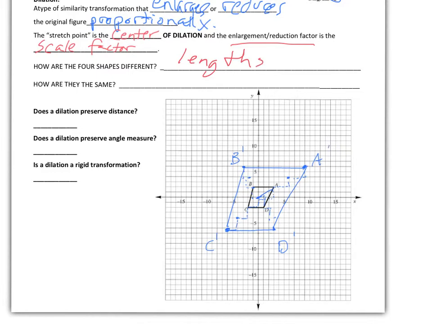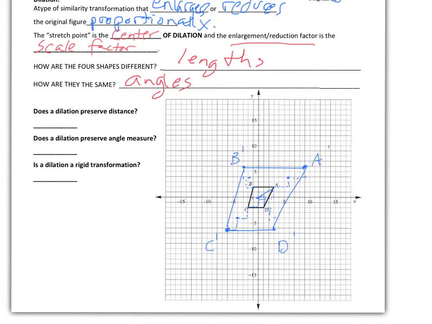How are they the same? Aren't they the same shape? Doesn't one just look bigger than the other? What this would tell us is that the angles are the same. All 4 angles still have the same measure.